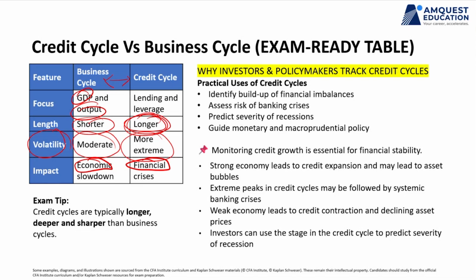But a credit cycle which looks after the financial angle of lending and borrowing will result in a financial crisis. Clear? So do remember this key point that a credit cycle will always be longer. It'll have a much, much deeper impact compared to a business cycle because it directly affects a financial crisis.